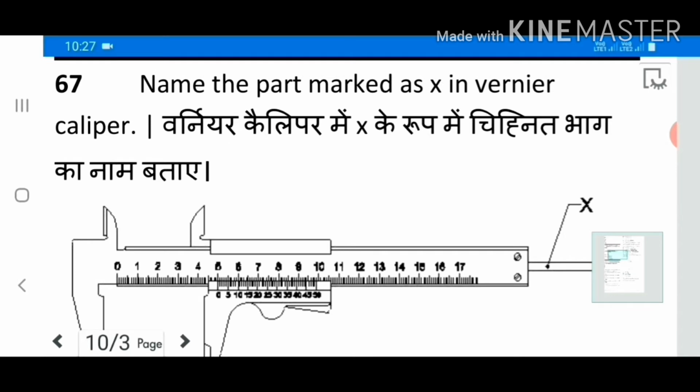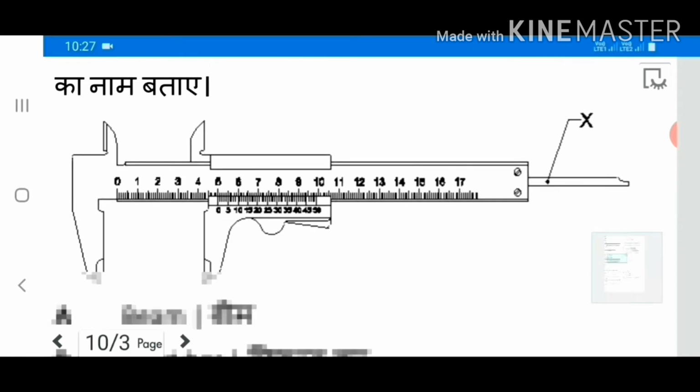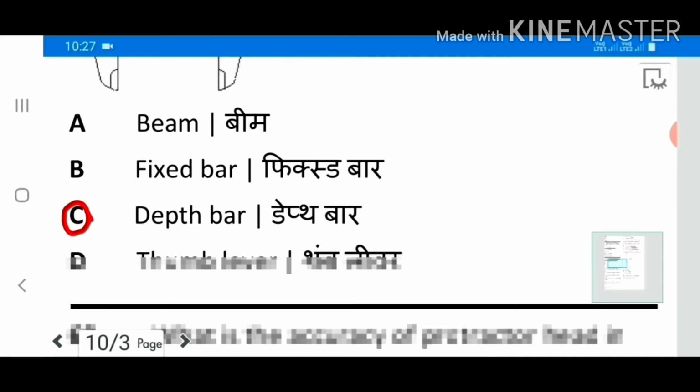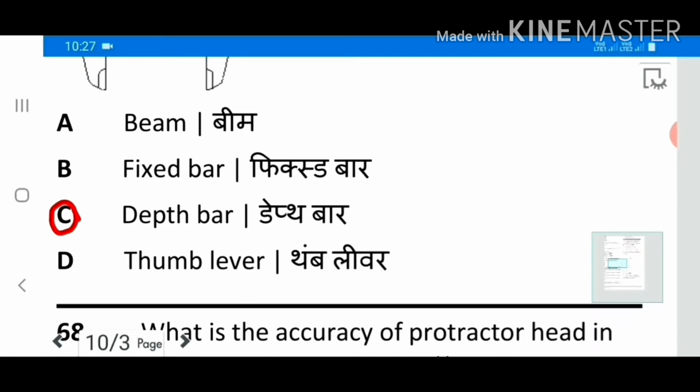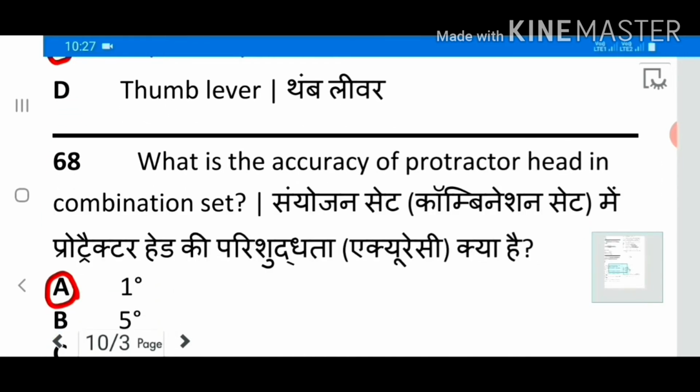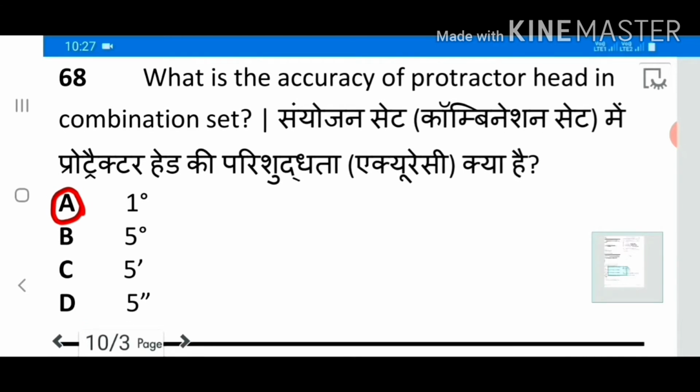67. Name the part marked as X in vernier caliper. Answer C. Depth bar. 68. What is the accuracy of protractor head in combination set?